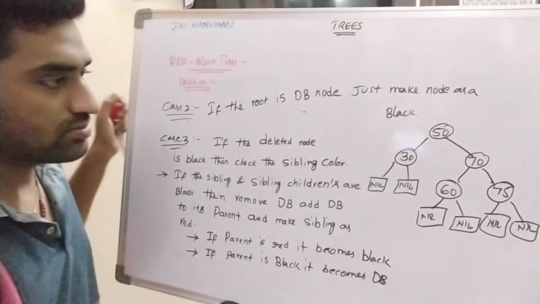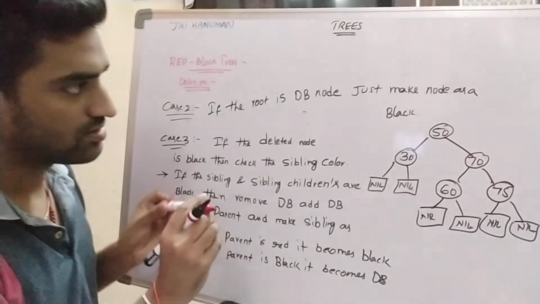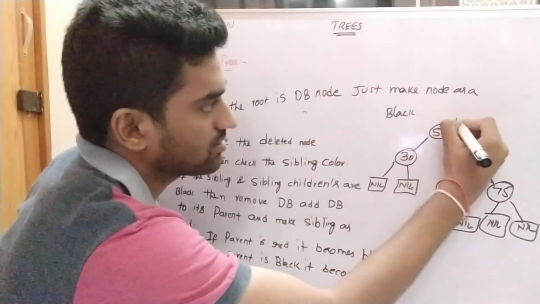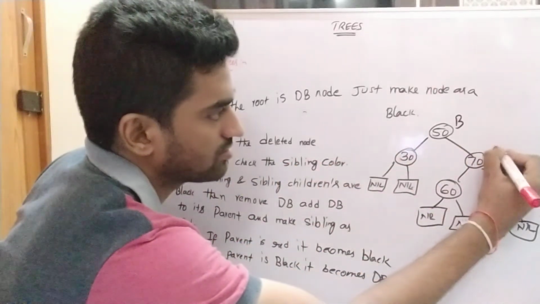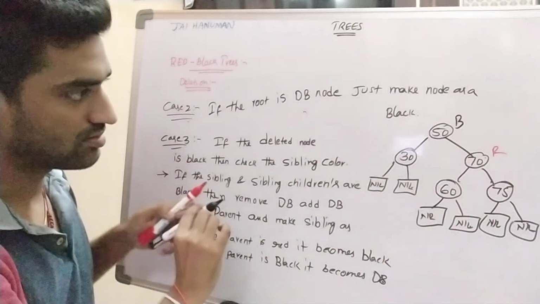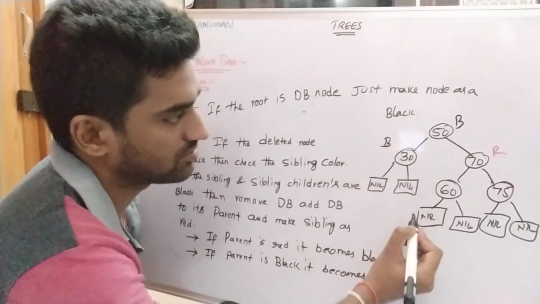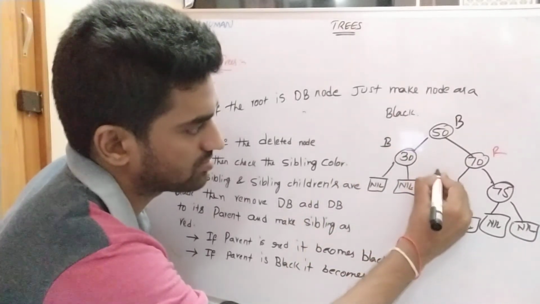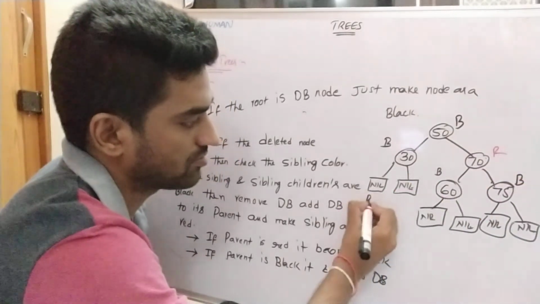So here I want to make colors. So here this is black, this is red, this is black, this is black, this is black.